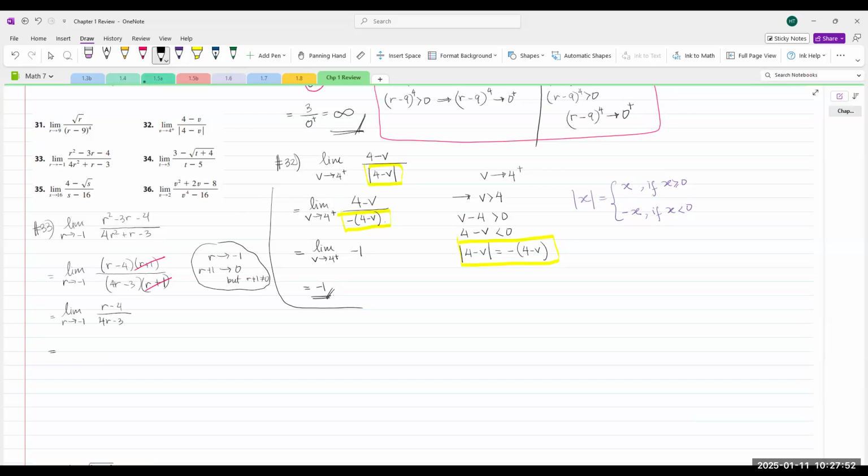Now, notice that negative 1 is now in the domain of this function, so we can just plug that in. That's negative 5 over negative 7, which simplifies to positive 5 over 7.